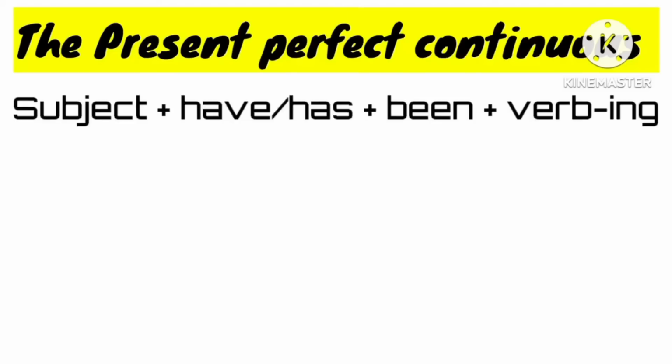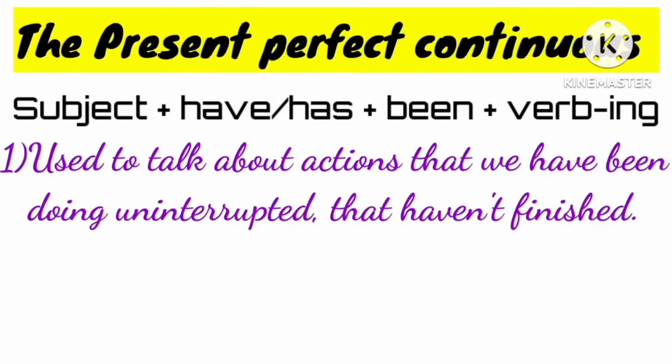The structure of present perfect continuous tense is subject plus have or has plus been plus verb-ing. The present perfect continuous tense is used to talk about actions that we have been doing uninterrupted, that we haven't finished. Okay, these are also unfinished actions.